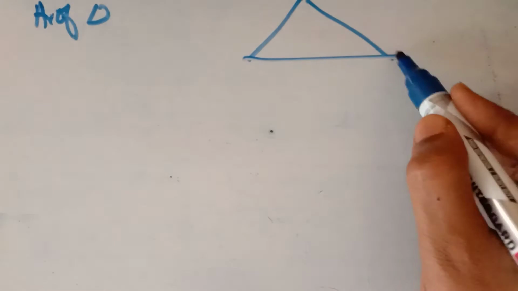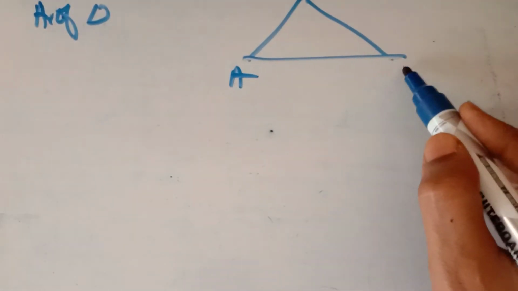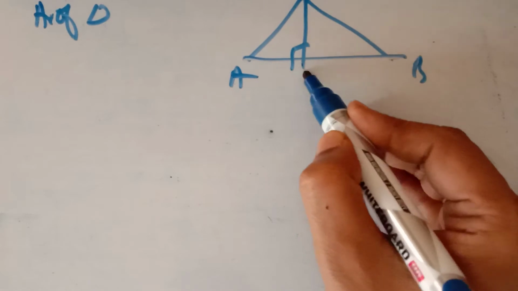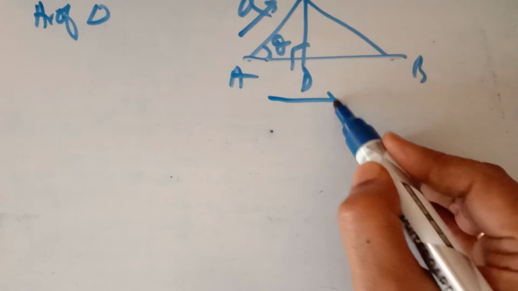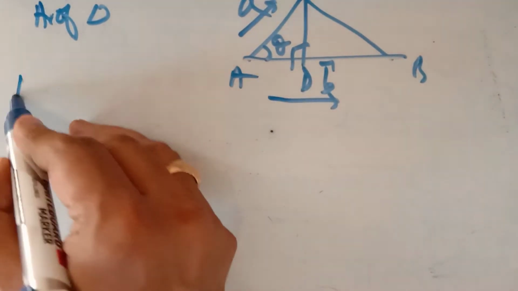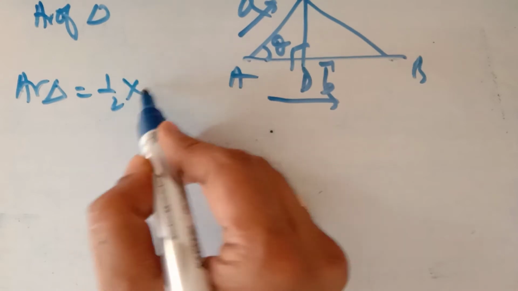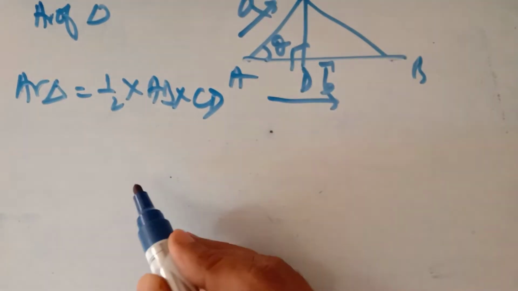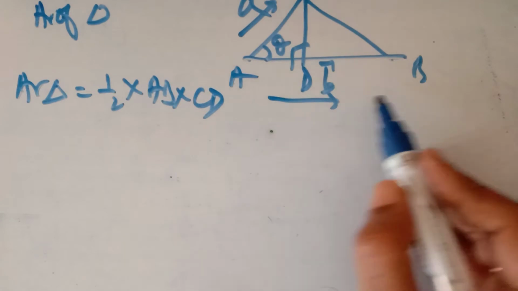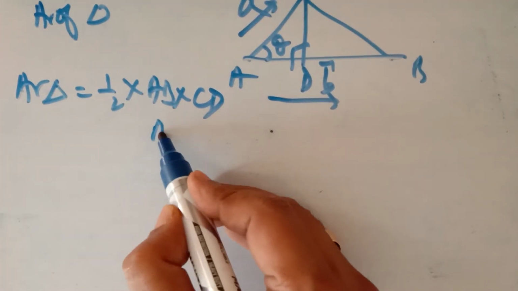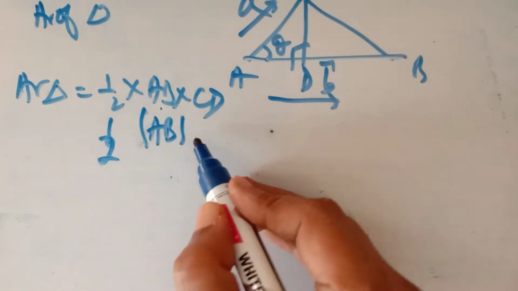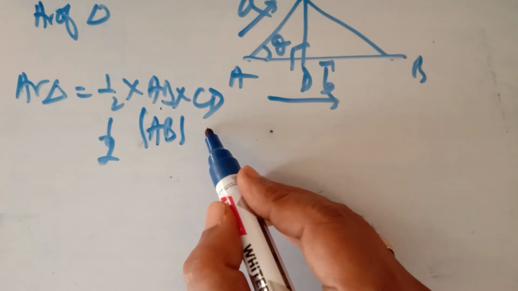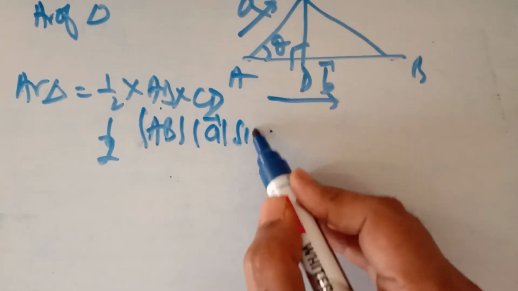Area of triangle. Let us take a triangle ABC, and let us draw a perpendicular to this, and this is the angle theta, this is the vector A, and let us say this is the vector B. Then area of the triangle is half base into height, and AB is the modulus of AB, and CD, using trigonometry, is modulus of A sine theta.